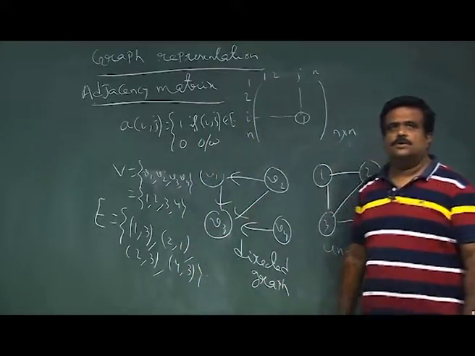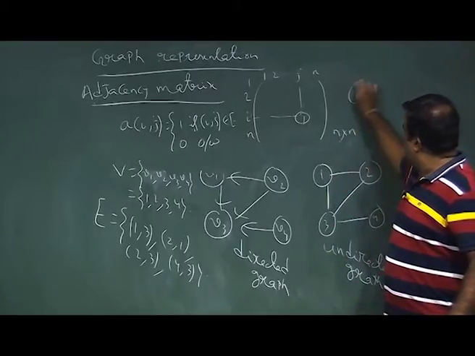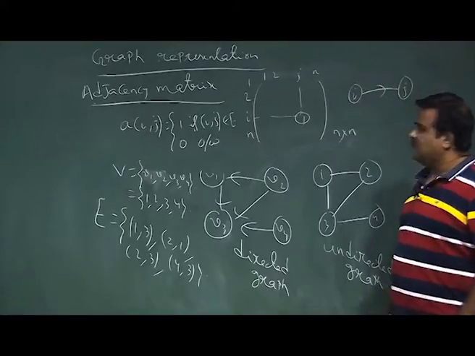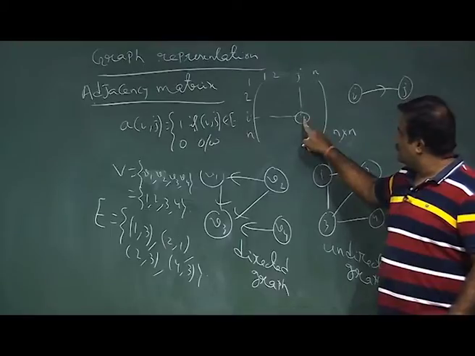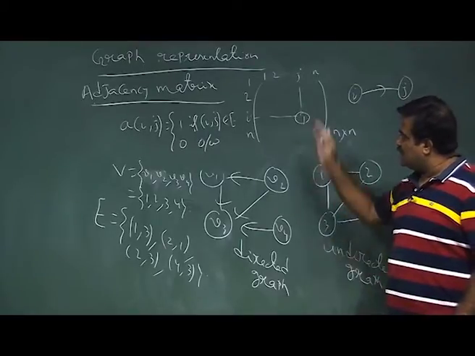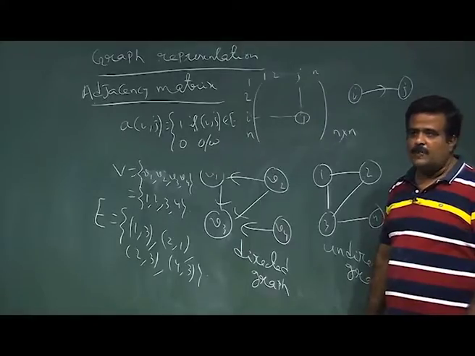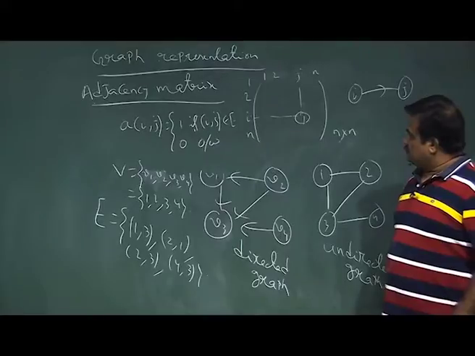If we have an edge from i to j, then the corresponding field will be 1 in the adjacency matrix, otherwise it will be 0, meaning there is no edge from i to j.